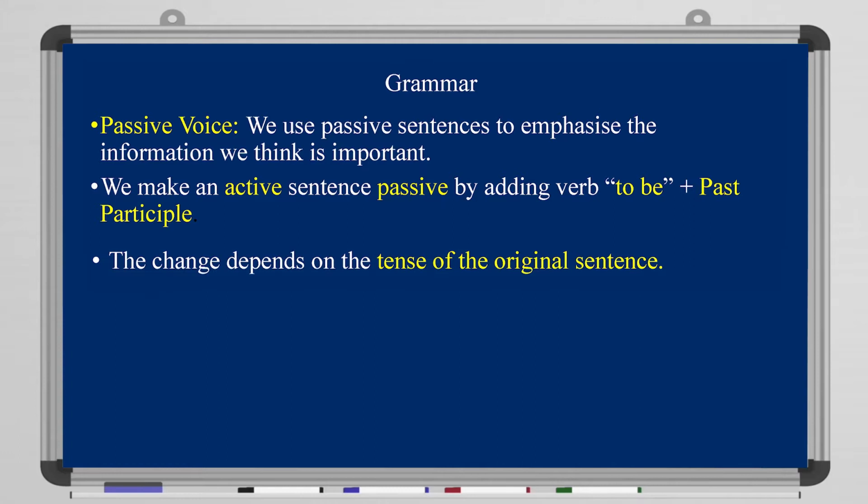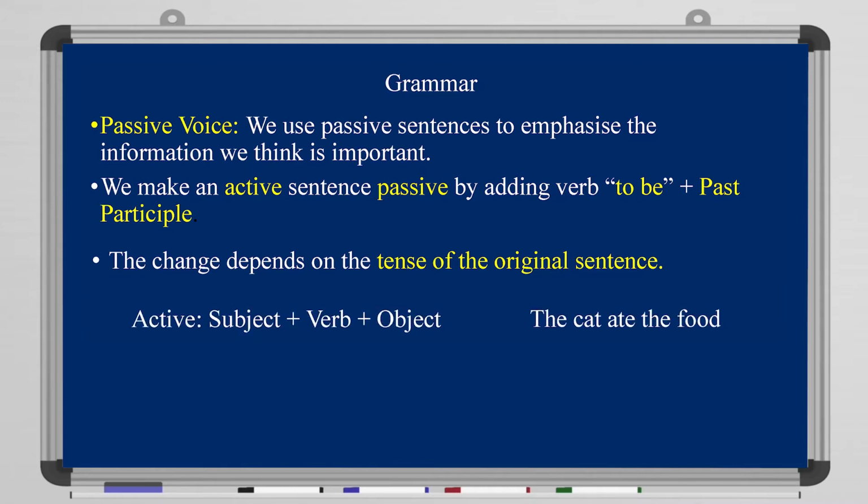This change depends on the tense of the sentence. So if you remember, sentences have tenses, the grammatical tenses. So we have present simple, present continuous, past simple, past continuous, present perfect, past perfect, and the future. We are going to be looking at each one.